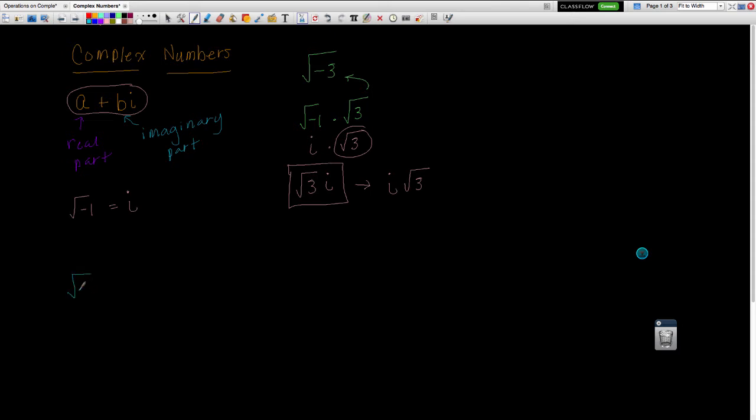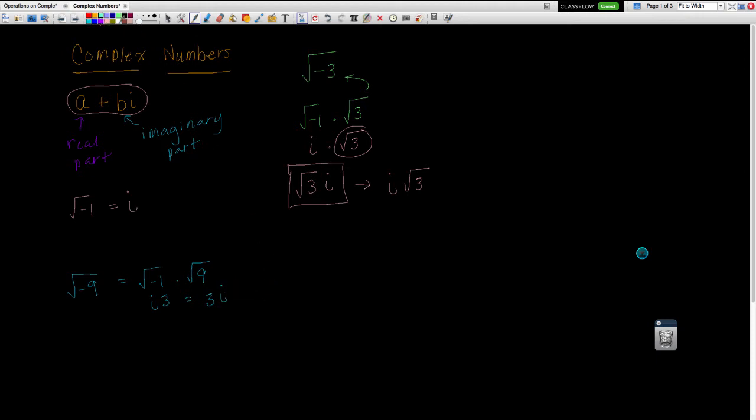If we have the square root of -9, we know that this is the square root of -1 times the square root of 9. You know that the square root of -1 is the imaginary part, and the square root of 9 is 3. So the way we would write this would be 3i.